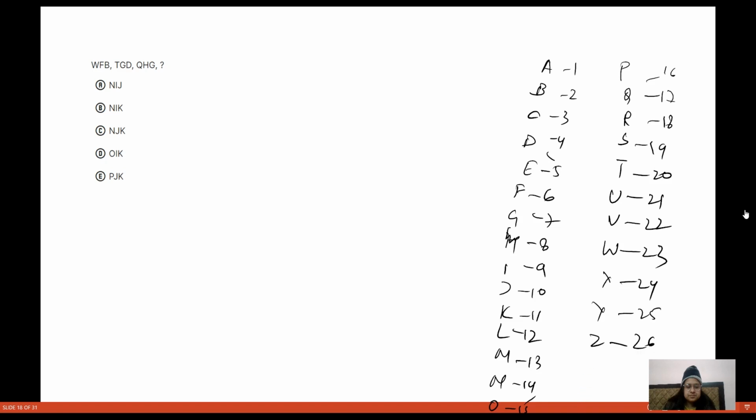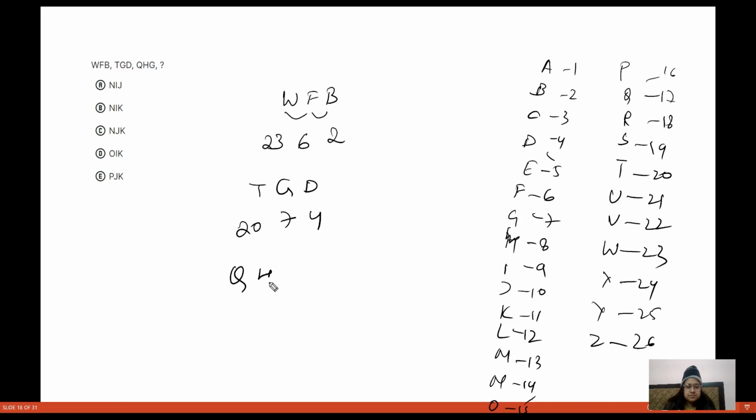Now W we have FB, so this is what we have to find the logic for. W is 23, F is 6, and B is obviously 2. Now you see T, G, D. T is 20, G is 7, and D is 4.